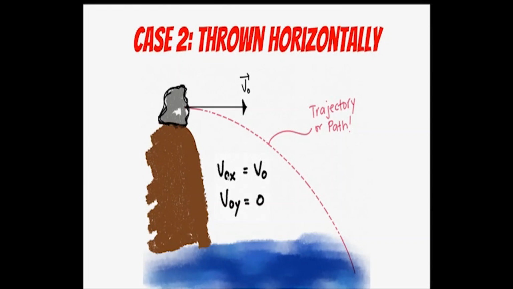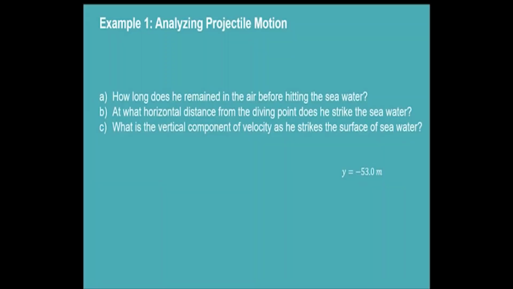The x component, or v sub 0x, is just equal to the magnitude of the initial velocity vector. So v sub 0x is always equal to v sub 0. But all the equations that we derived earlier can still be utilized for case number 2. So, let's solve this one.